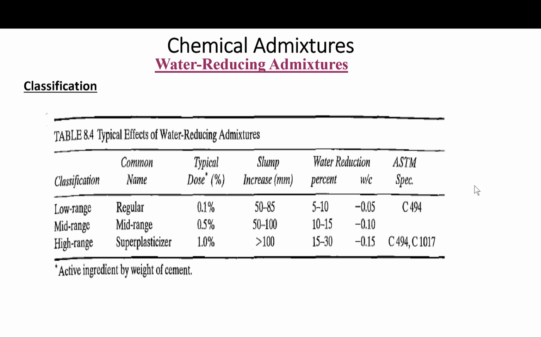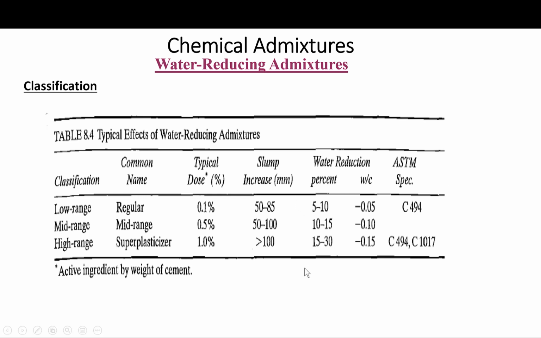So basically, let's look at the classification of the water reducers. Three types of water reducing admixtures are marketed by several companies, and the capabilities of each are basically summarized right here in this table.